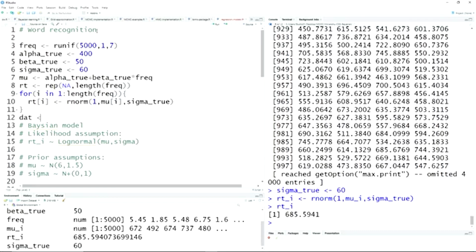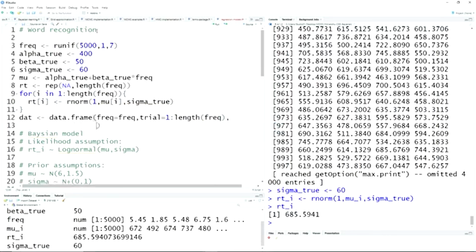So that is basically data frame, frequency equals frequency, trial ID is 1 2 up to length of frequency, and RT equals RT.